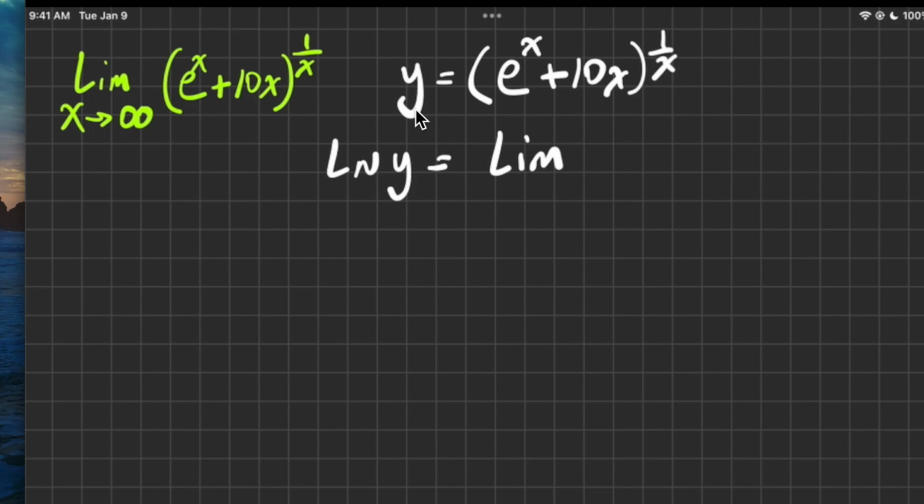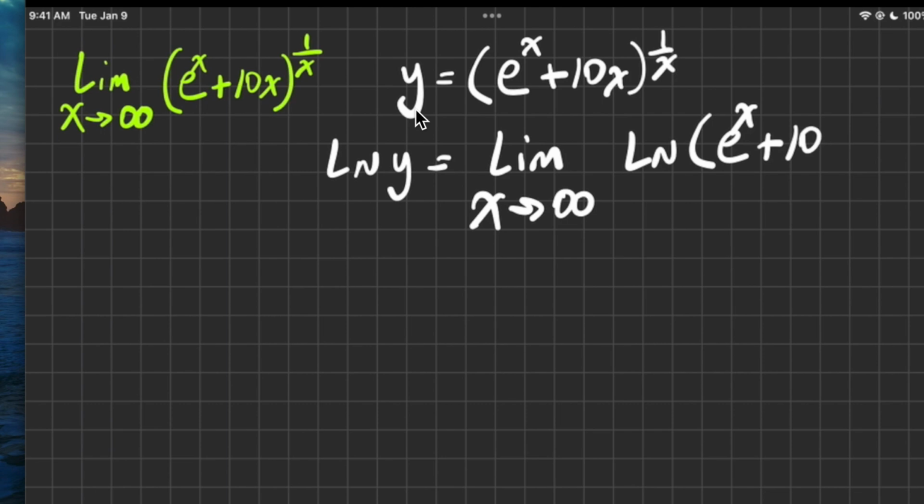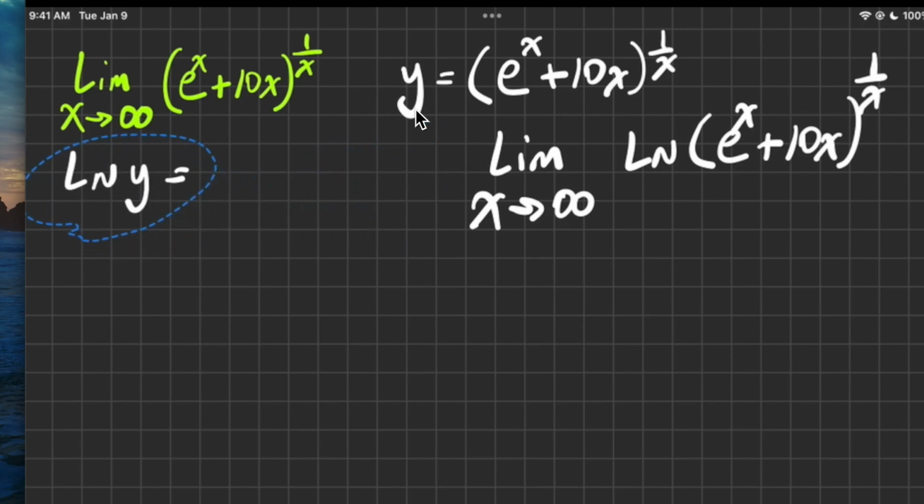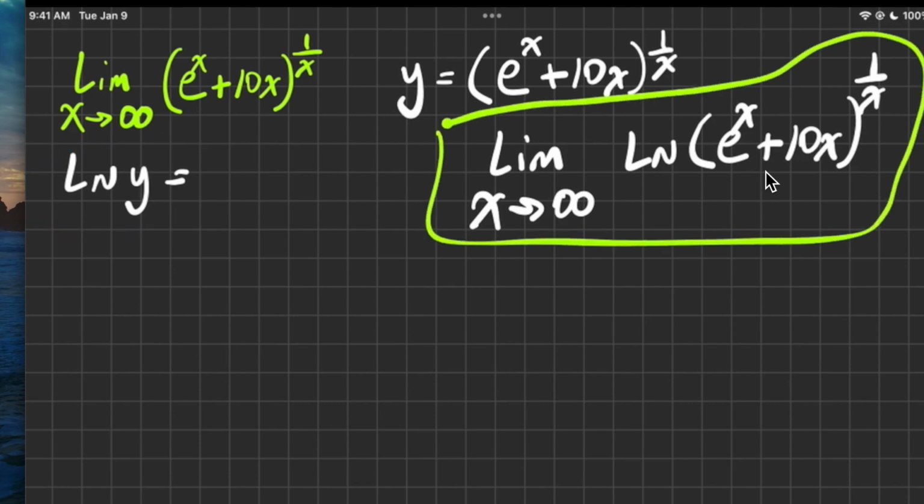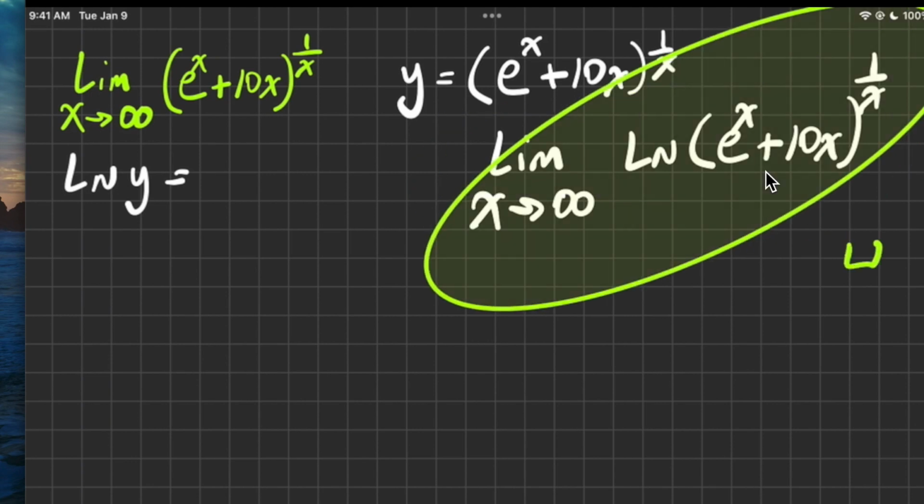So eventually, if we rewrite our limit format, we're going to have the natural log of (e to the x plus 10x) raised to the 1 over x power. We're going to forget this guy. At the very end, whatever our result is from this limit right here, we're going to put that in a little box, and at the very end, we're going to put that as an exponent to e, and that's going to be our final answer.